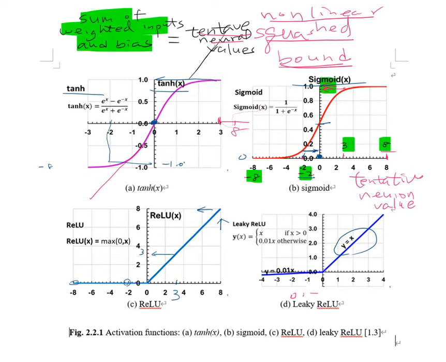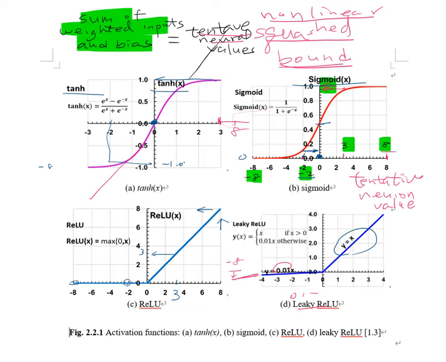For -8 it is a little lesser still, and it decreases with a slope of 0.01. This is the decreasing rate. This is what will happen if you use leaky ReLU.